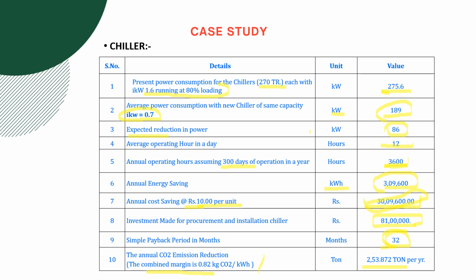So you can see an immense amount of energy can be saved there, and there is a potential of saving a lot of units, a lot of cost and CO2. So this is a case study, and tell me what topics you want to see in the next videos.